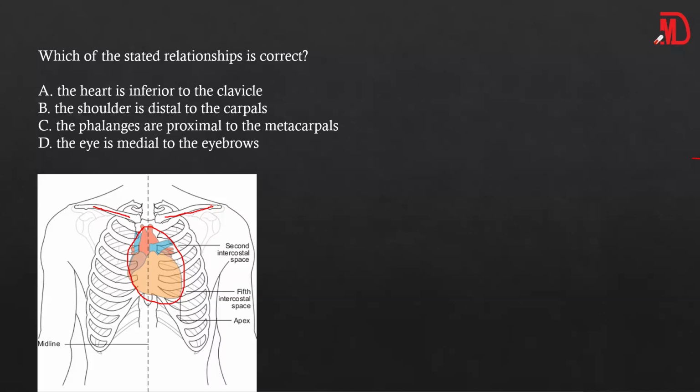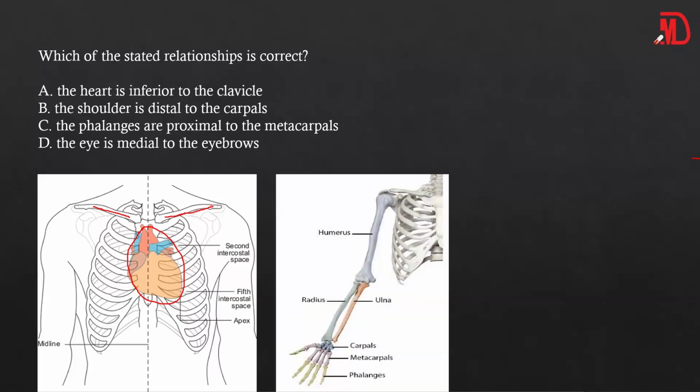What about the shoulder is distal to the carpals? Is that true? Now, this right here is the shoulder, and the carpals are the wrist bones over here. Now let's look at the relationship. Don't forget, we've already established the meaning of proximal and distal. For the benefit of learning, let's go over it again. Proximal means closer to the point of attachment, closer to the trunk of the body.